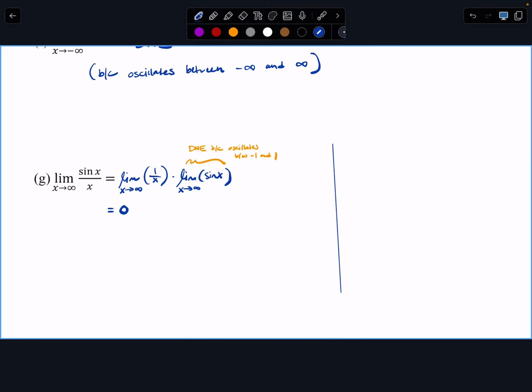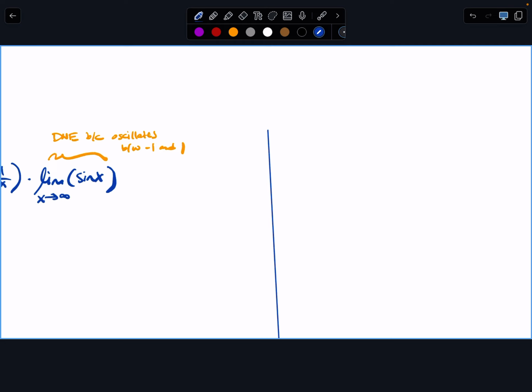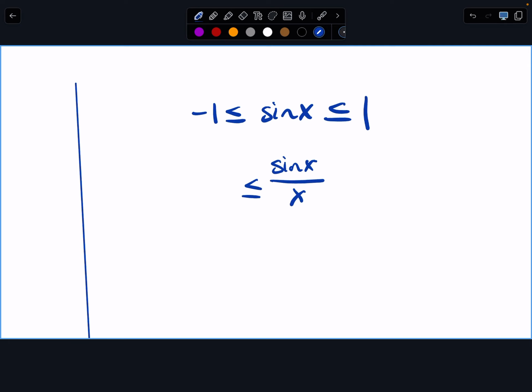If we wanted to evaluate in a more analytical way, you could use something you're familiar with. You could start with the fact that sine is between -1 and 1, which means that sine of x over x would be between -1 over x and 1 over x. Do we see where I'm going with this? Yes.